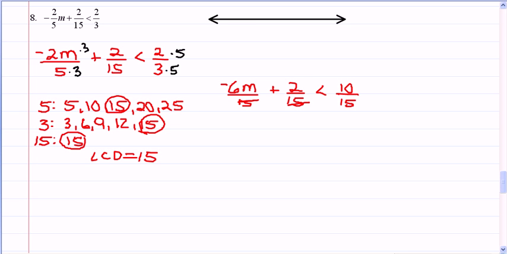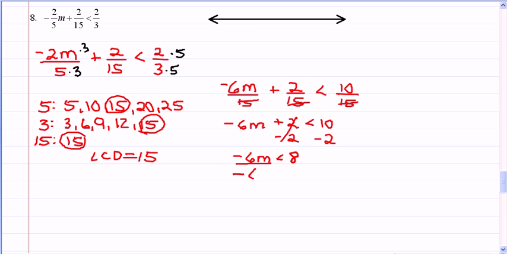All of the 15's cancel, and I have negative 6m plus 2 is less than 10. And if I subtract 2 from both sides, I have negative 6m is less than 8.